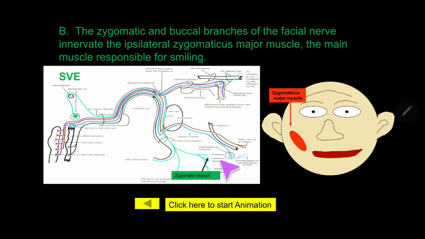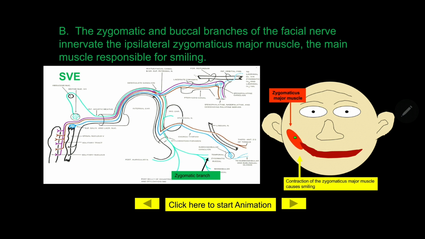Out of these terminal branches, this is the zygomatic branch, and again the impulse starts from the main motor nucleus of the facial nerve. You're seeing the course of the impulse, and via this zygomatic branch it supplies this muscle. Look here, this is how it pulls the angle of the mouth, the oral fissure, and makes you smile. Got it?